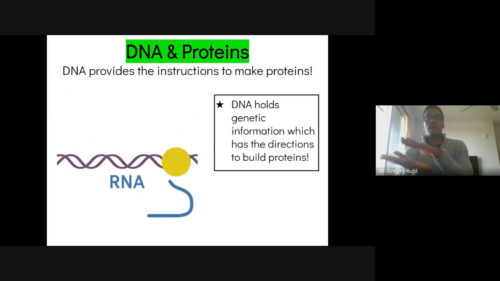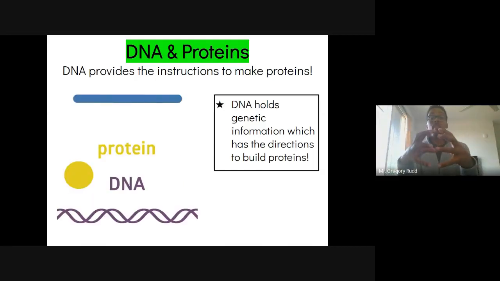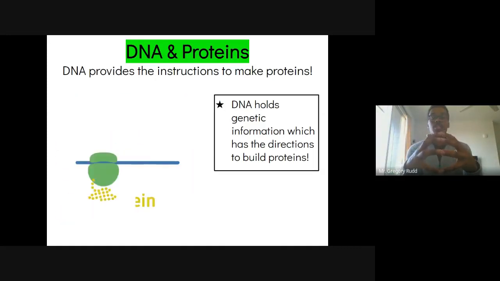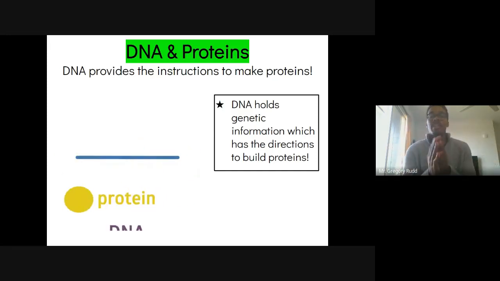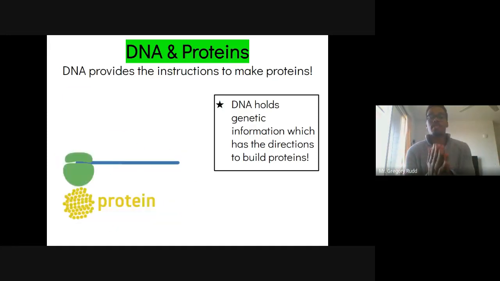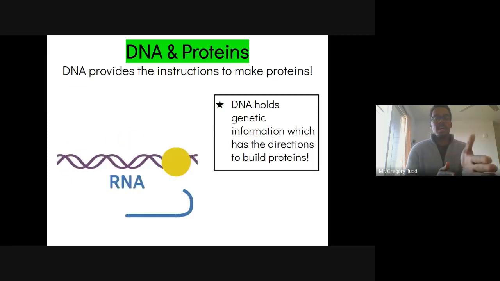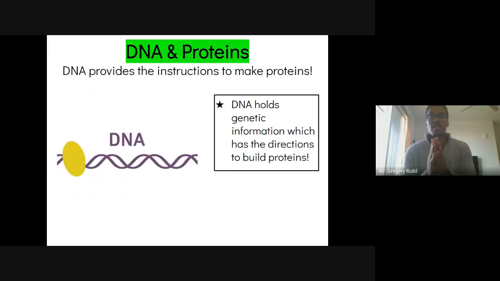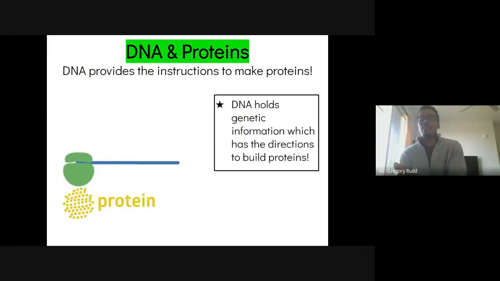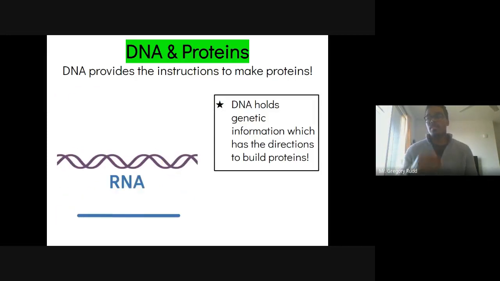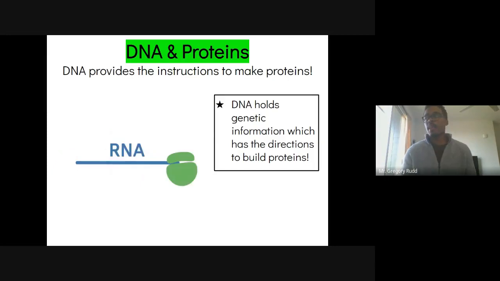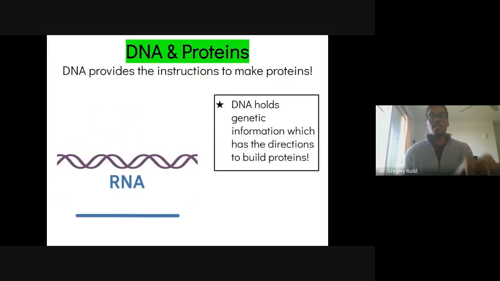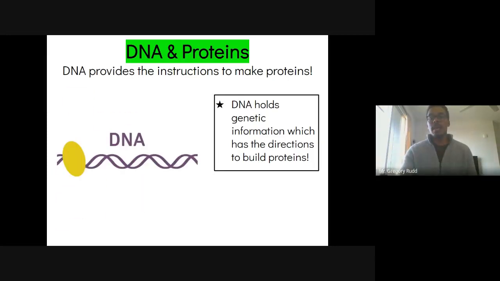Those ingredients are my amino acids. And when I combine them all into my actual dish, the final preparation of the pesto chicken, is my protein. So the DNA is the recipe, amino acids are the ingredients, and the meal, the dish, is the protein. DNA provides the instructions to make proteins, just like a recipe book provides the instructions to make a meal.